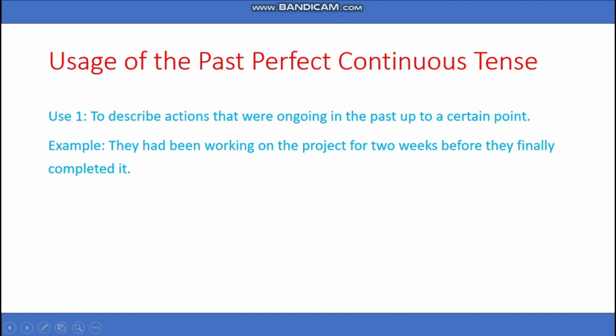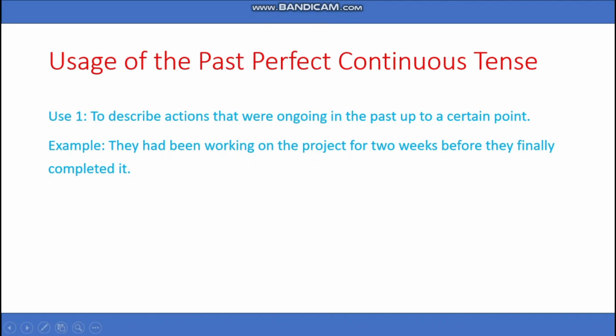Whenever you are talking about that work, it is complete at that point. As we said in the definition, the action continued in the past, and you are again in the past talking about it, but at that point it is complete and no other action has taken place.